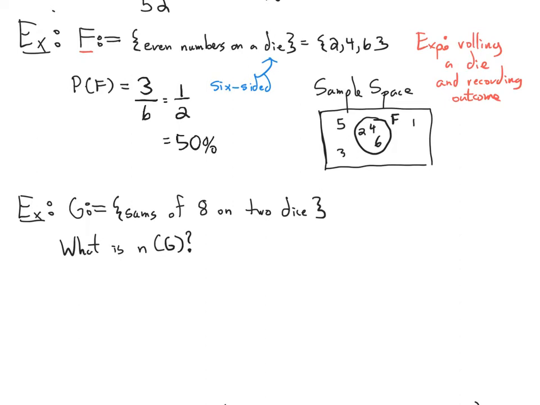Let's look at this example. So this experiment is going to be, rather than rolling 1 die, we're going to roll 2 dice and sum the outcomes.